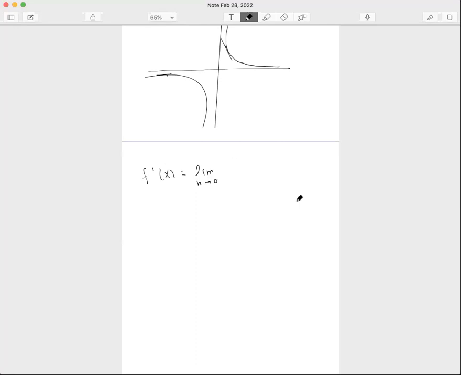Now, how do I write this? Can someone say how you write f of x plus h? So remember, this is 1 over x. Now, what does f of x plus h look like? And use parentheses to say it.